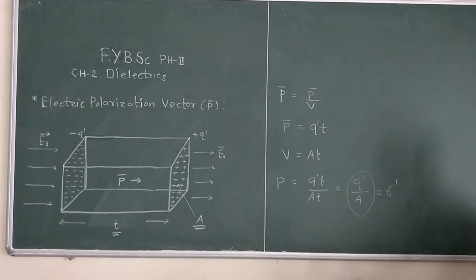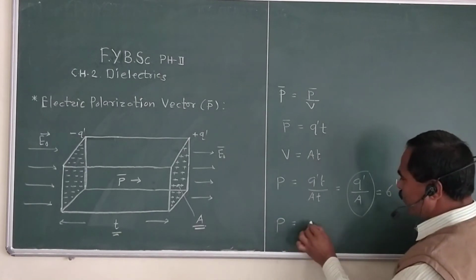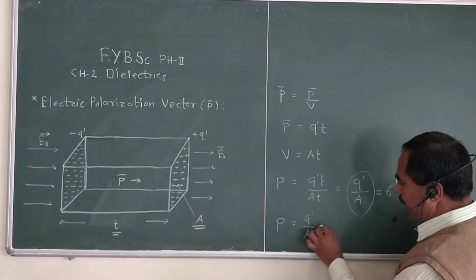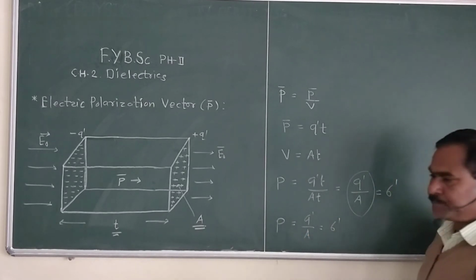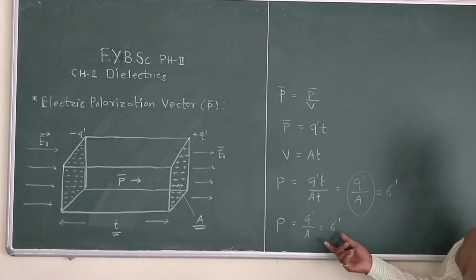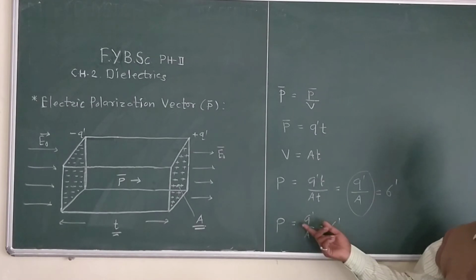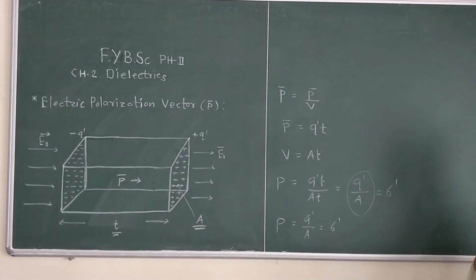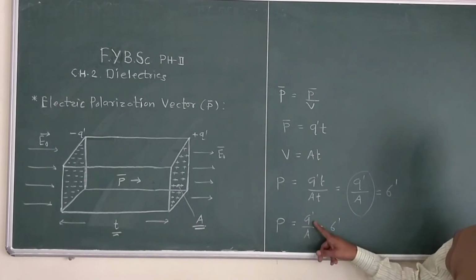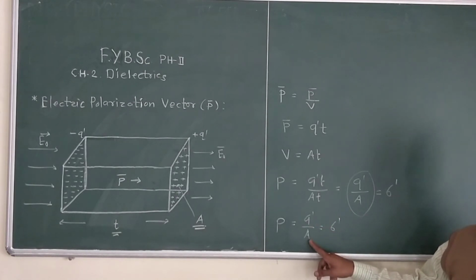Therefore P equals Q dash upon A, that is equal to sigma dash. Then we have to write the unit of this electric polarization vector. The unit: charge is measured in coulomb and area is measured in meter square.